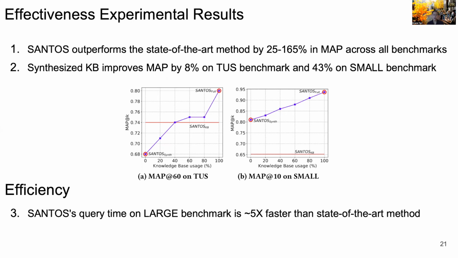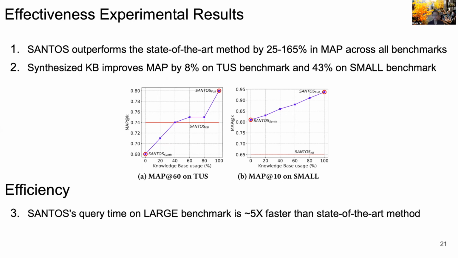Next, we perform an ablation study in which we tune the coverage of table semantics found using an external knowledge base. We find that the best result comes from using both knowledge bases, shown by SANTOS full in the graph. They have a mean average precision of 80% on the TUS benchmark and 93% on the SANTOS Small benchmark.